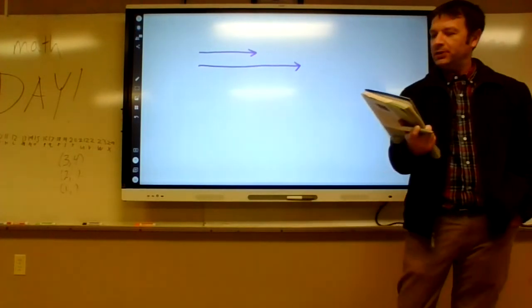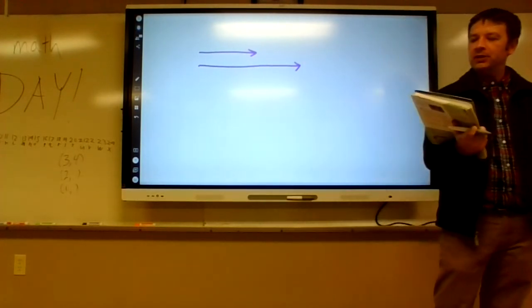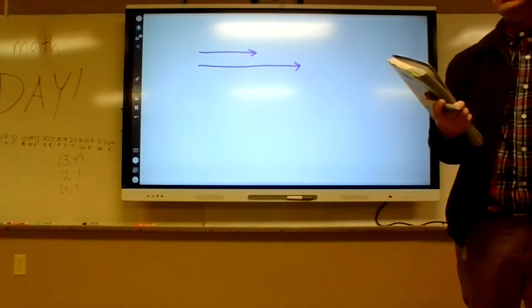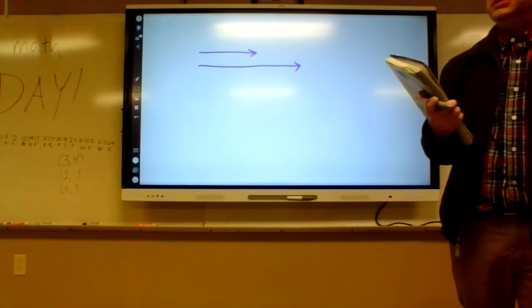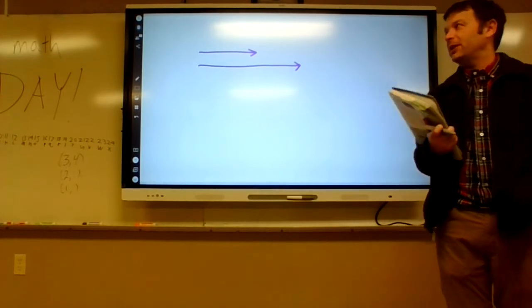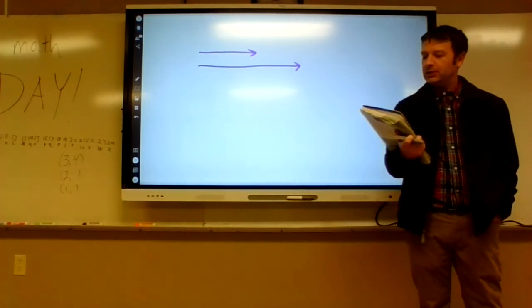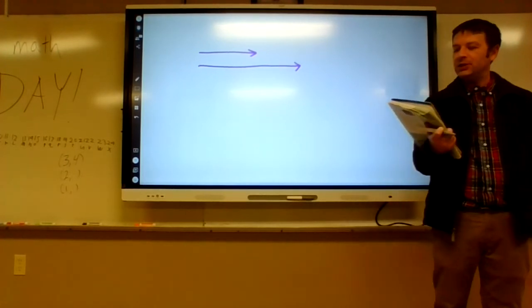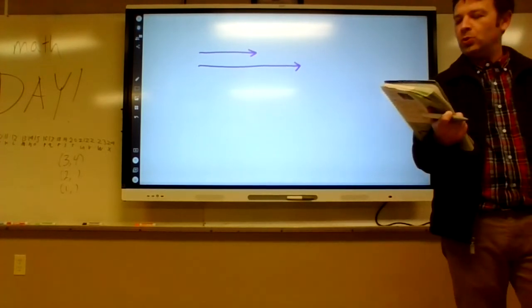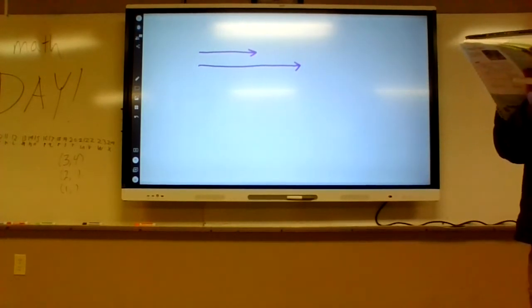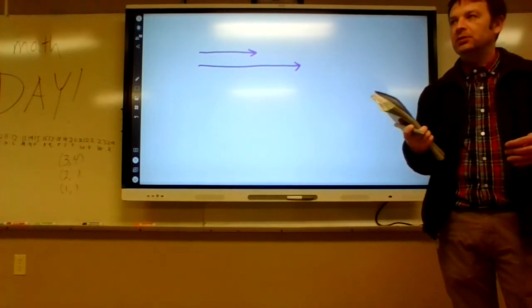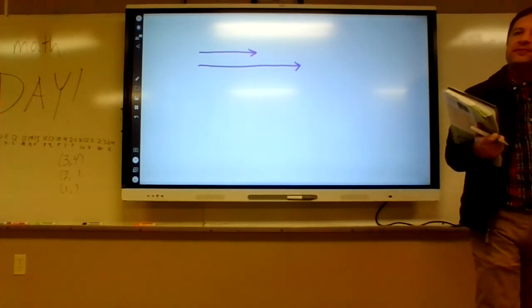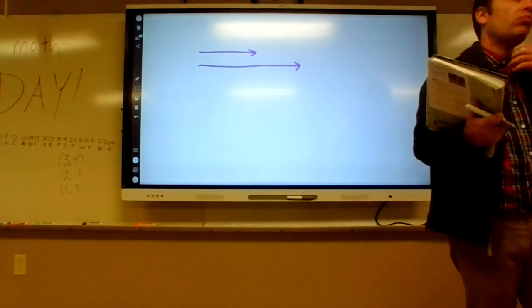It says the faster car is 80 miles ahead of the slower car. Where do we put the 80? You've got to figure that out. And the last thing that I skipped earlier says, one car is 1.5 times as fast as the other.